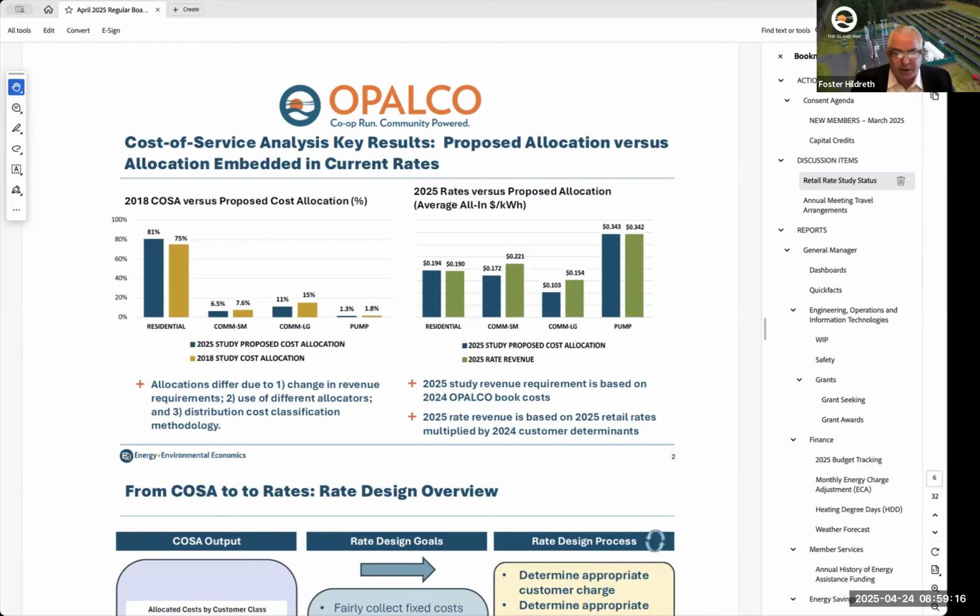I think there was a question in the chat about the pump. Rick asked, what is the pump category? Those are well services, and we do actually have classes for commercial and residential, but based on usage profiles, they look very similar from an overall classification. It only attributes to a very small percentage of our system.